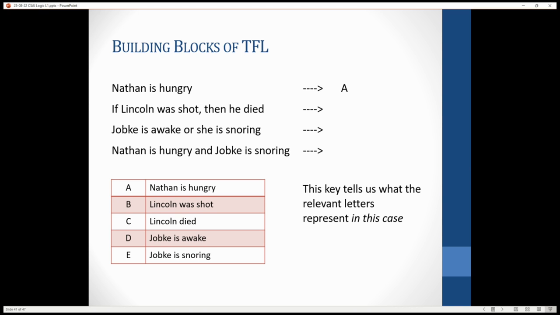Well, let's be careful. If B, then C. If Lincoln was shot, then Lincoln died. How about our third one? Yabka's awake or she's snoring. Nice. Nathan's hungry and Yabka's snoring.